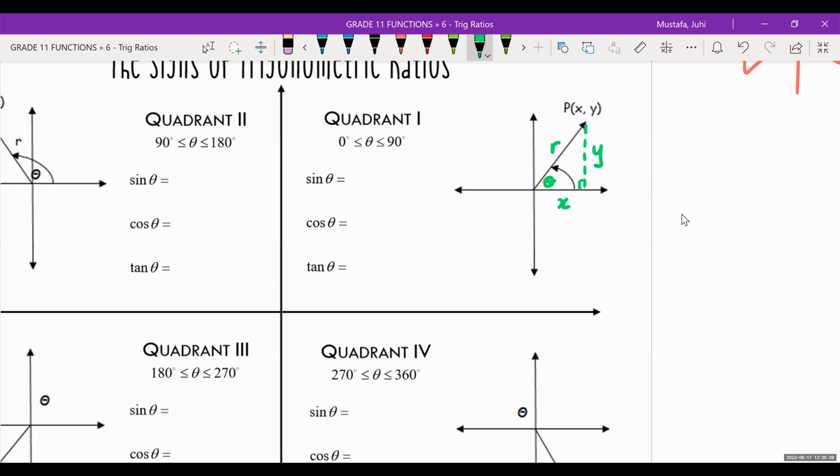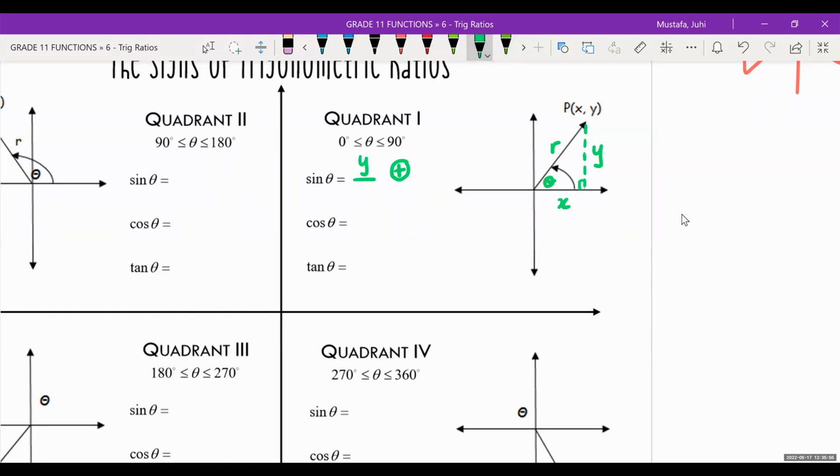If I were to ask you what sine theta is, we would remember SOHCAHTOA. Sine theta would be opposite over hypotenuse. So it would just be Y over R. And the answer we would get when something is drawn in the first quadrant is it would be positive. So sine theta of an angle in the first quadrant will always be positive. Remember this? CAST.